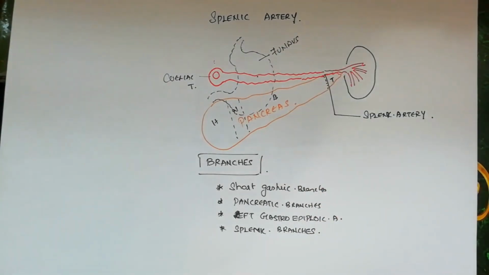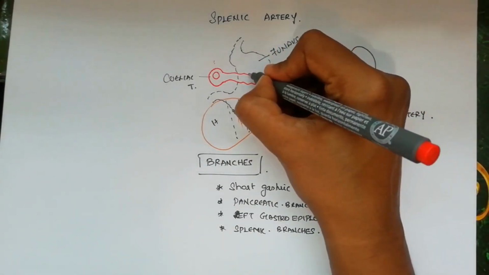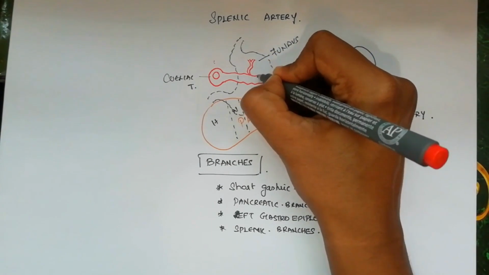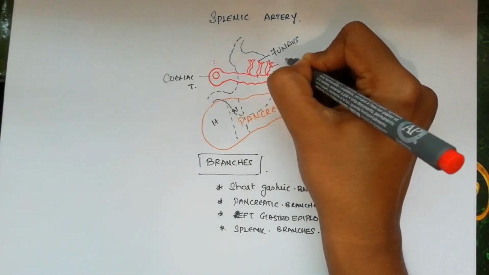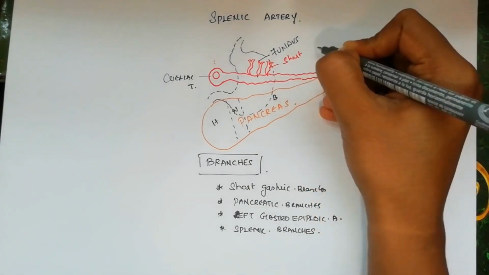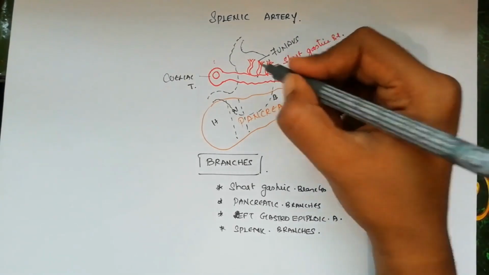For the fundus we have some branches arising from the upper border of the splenic artery, and those branches are nothing but the short gastric branches, which supply the fundus of the stomach.